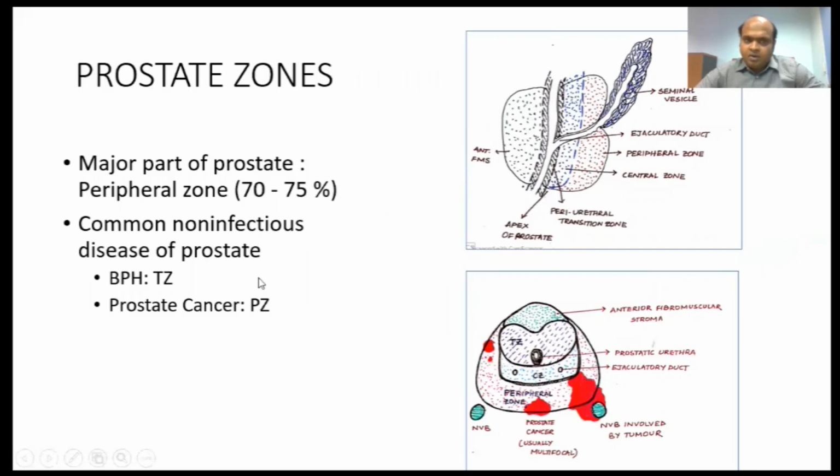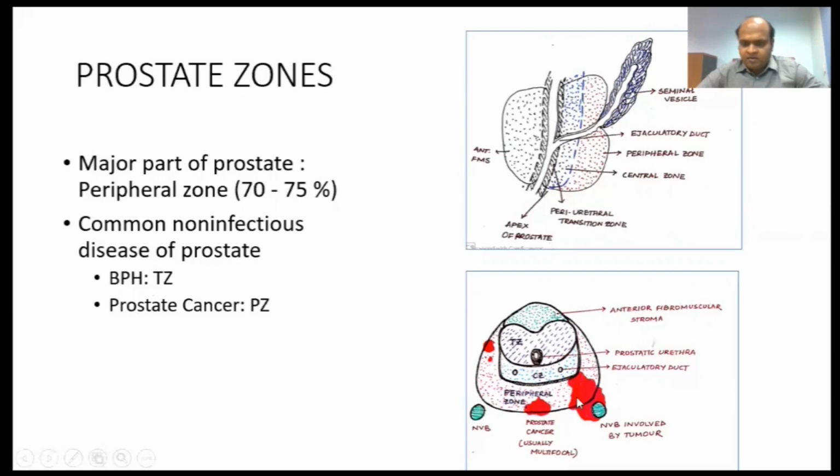The common non-infectious diseases of the prostate, as you know, are BPH, that is benign prostatic hyperplasia, and prostatic cancer. BPH involves the transition zone of the prostate, the zone which surrounds the urethra, and prostate cancer involves the peripheral zone, as you can see in the lower image.